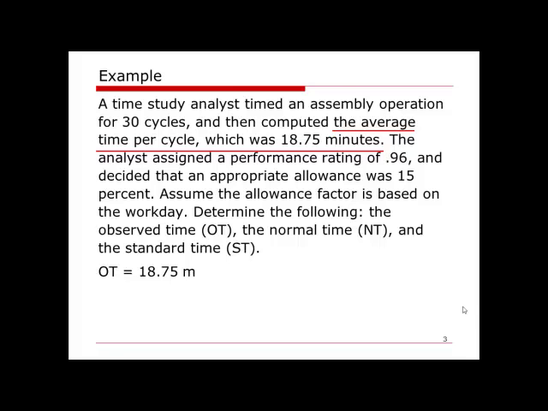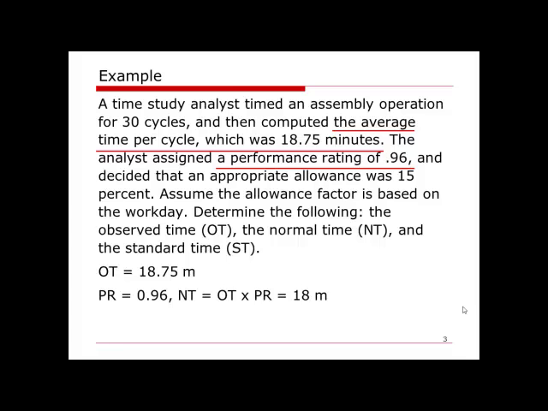Next, we have the performance rating of 0.96, and normal time is defined as observed time multiplied by this performance rating. So we can calculate normal time equals the observed time 18.75 times the performance rating of 0.96, which gets a result of 18 minutes.